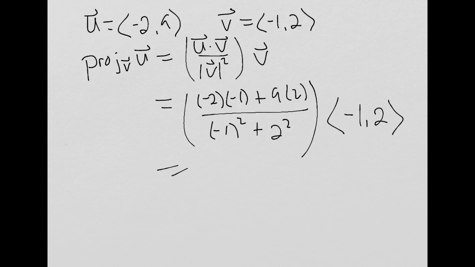So, calculating that out, we get 4 times negative 1, 2. So the projection is the vector negative 4, 8. That's going to be a vector along the length of v whose magnitude is the component of u in the direction of v.